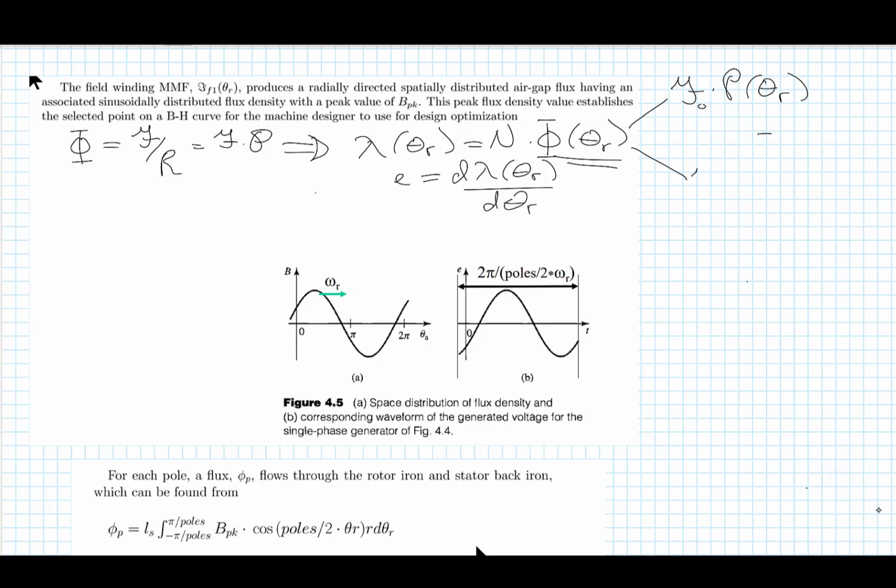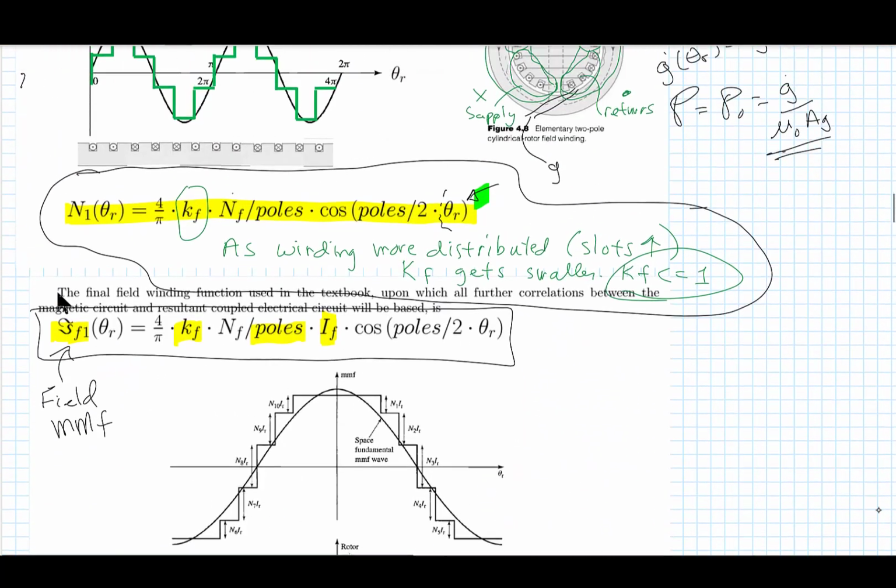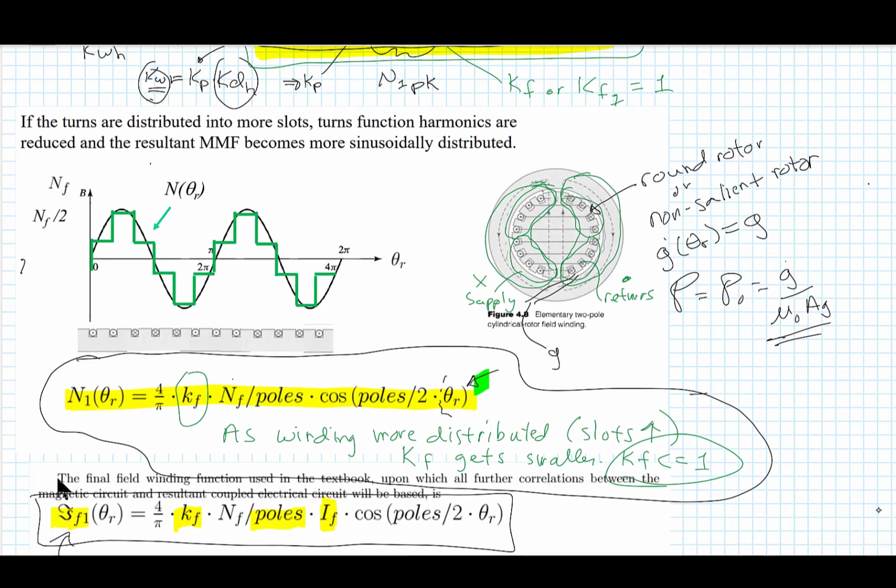Or we could have an MMF that has a position dependency times a constant permeance, and that is what we're talking about right now, considering this round non-salient rotor structure.